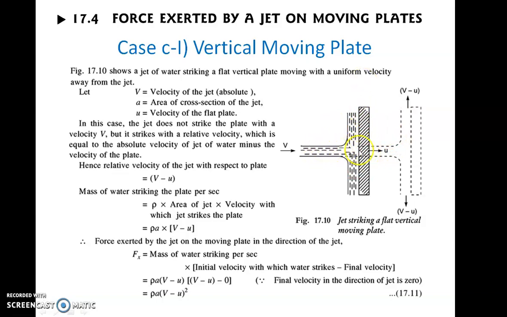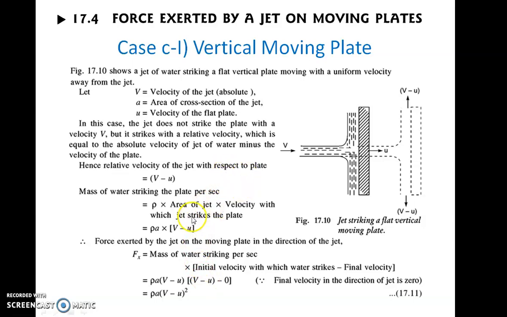The velocity of the jet with respect to the plate will be v minus u. So the condition will be the same, only instead of absolute velocity you have to consider the relative velocity, and the formula will remain the same.